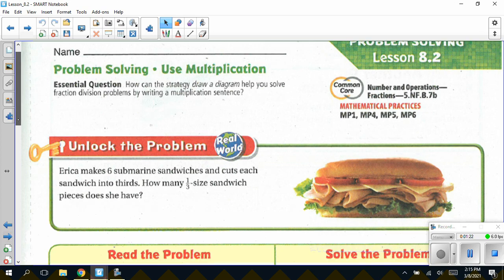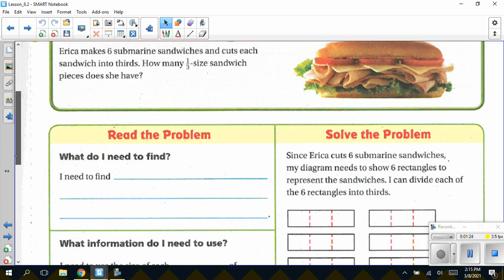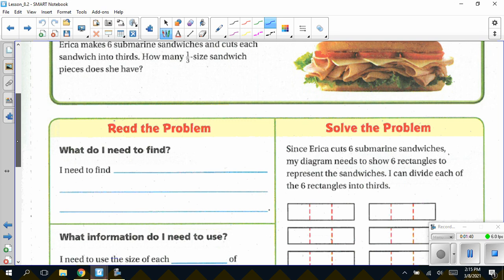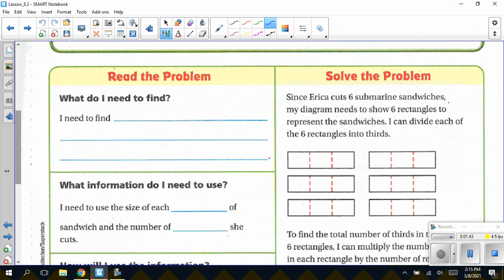So under Unlock the Problem, it says Erica makes 6 submarine sandwiches and cuts each sandwich into thirds. How many 1/3 size sandwich pieces does she have? So we need to make sure that we are understanding what the question is asking us. So what do I need to find?